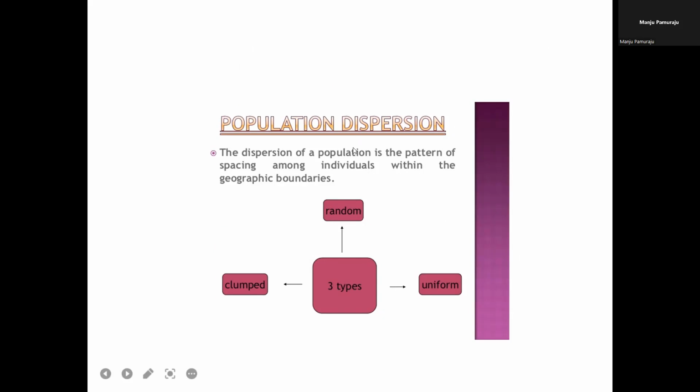There are 3 types of population dispersion: clumped dispersion, random dispersion, and uniform dispersion. That is the arrangement or spacing of the organisms or individuals in a particular area, called population dispersion.